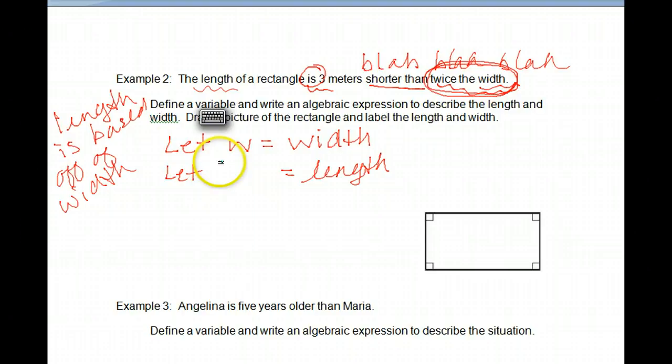Twice the width means multiplication, and 3 shorter than is subtraction. Lastly, we were told to label our drawing. So the width is W, and then we have our twice the width and 3 shorter than that, and there's our picture.